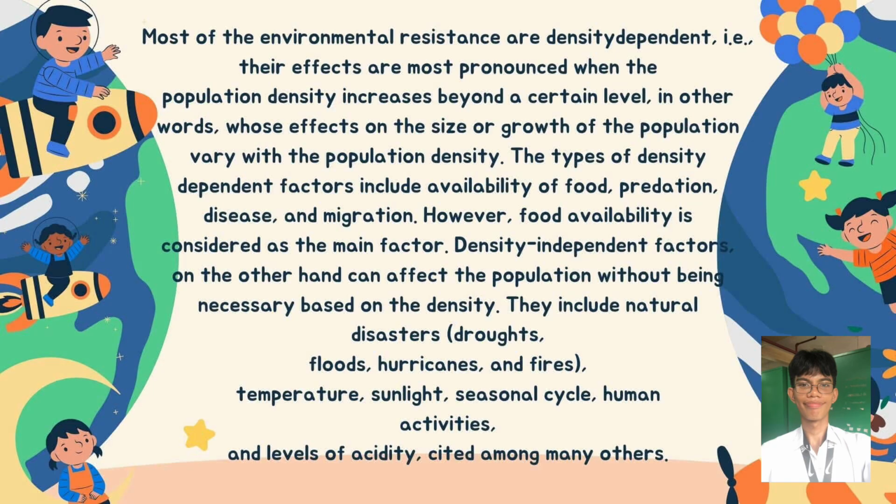Then some common examples of environmental resistance include the availability of water and the predator-prey relationship. Water is an important resource that producers need for growth. If the producers do not grow in an ecosystem, then the consumers in such an ecosystem cannot be sustained.